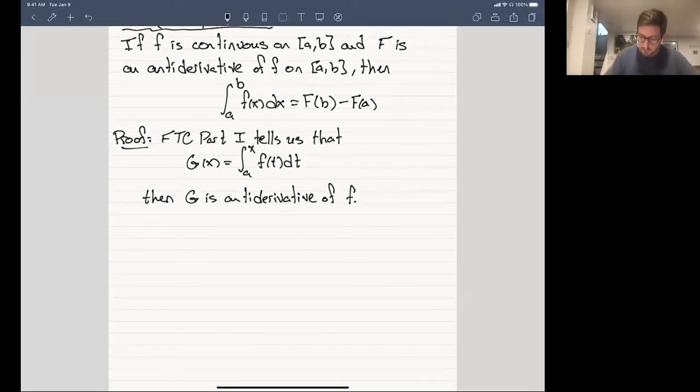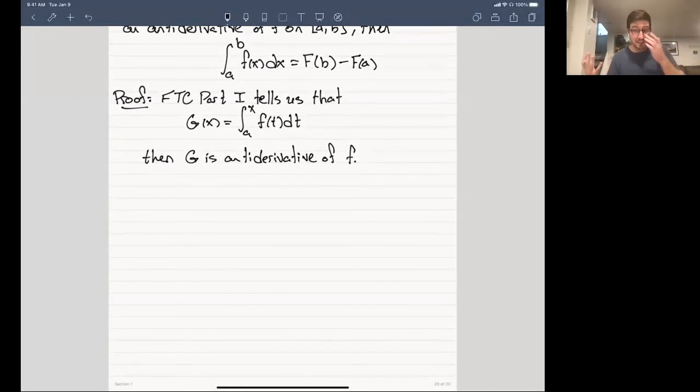What this tells us is that this really characterizes every single possible antiderivative, because then we have that capital F of x and little g only differ by a constant.